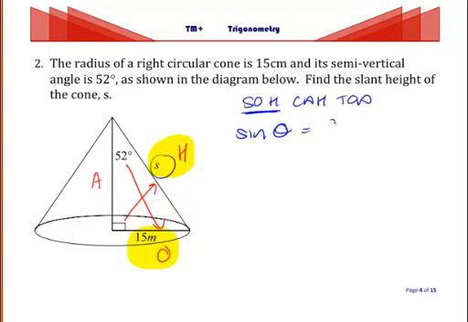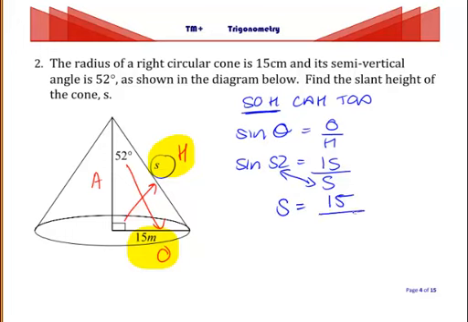So sine theta equals opposite over hypotenuse, sine 52 equals 15 over S. Now, here we need to get that S up the top. Essentially what we're doing is just swapping them. So S equals 15 over sine of 52. Be careful when using S's and 5s that they don't end up looking the same.